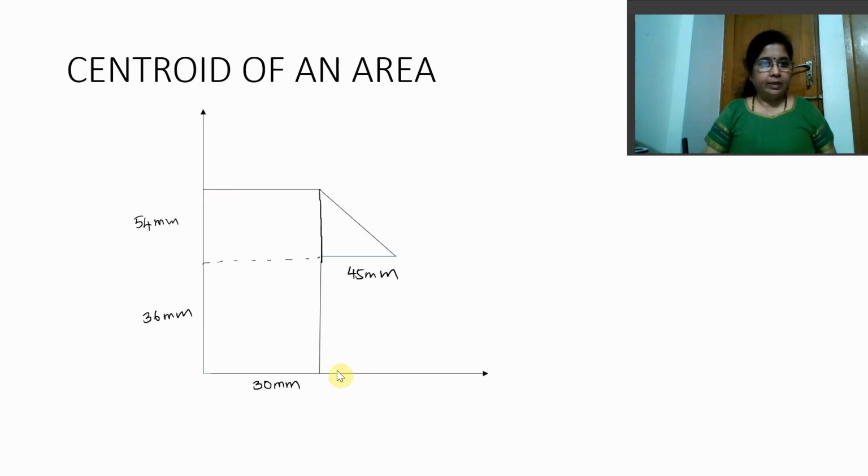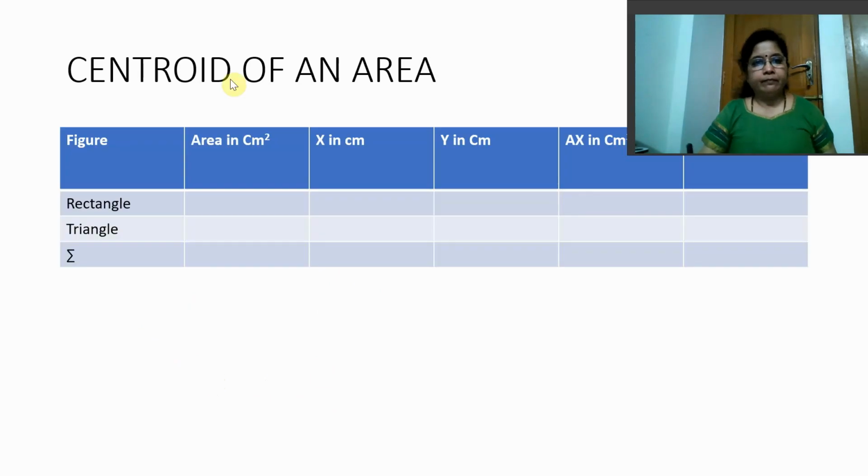Add both of them. So 54 plus 36, which would give you 90 into 30. This is millimeter square. All these are millimeter. 90 into 30.